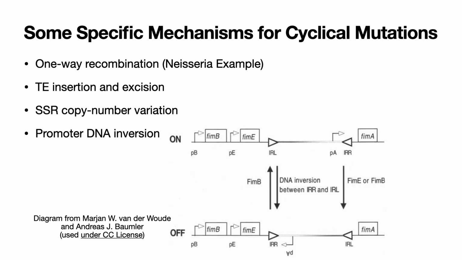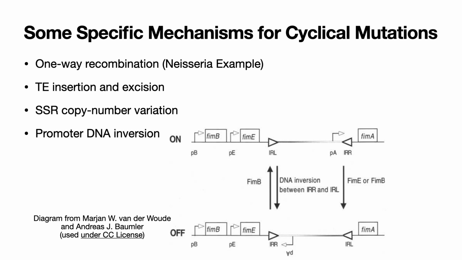So the first one is the one we've talked about so far, where we have a one-way recombination. So in Neisseria, you've got this repertoire of alternate coding genes that are alternate codes for the gene, and it is cycling through these different alternative versions. So you are frequently revisiting prior states based on this cycling mechanism.